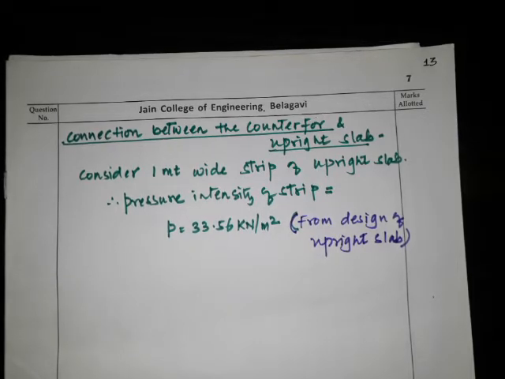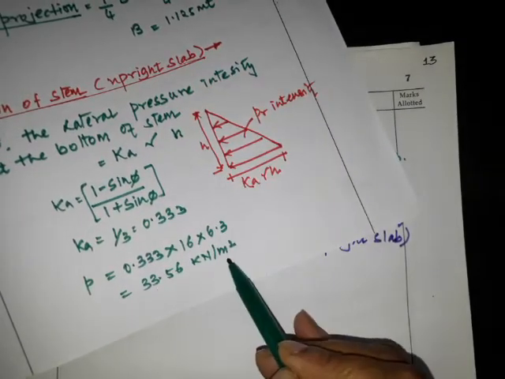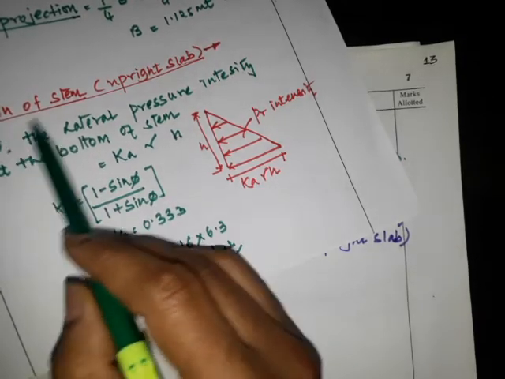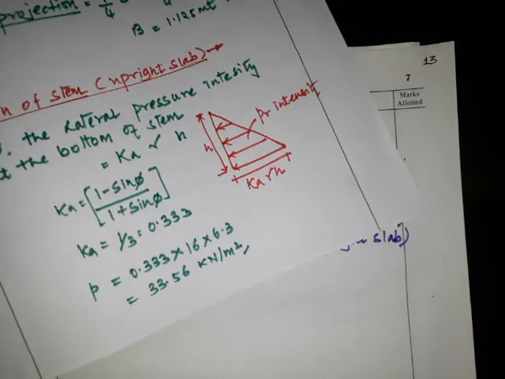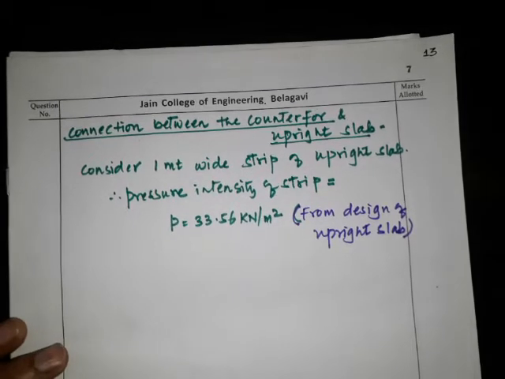We have already calculated this value in the previous calculation. So this is 33.56 kilonewton per meter square, in the design of upright slab, and the same value you have to use.